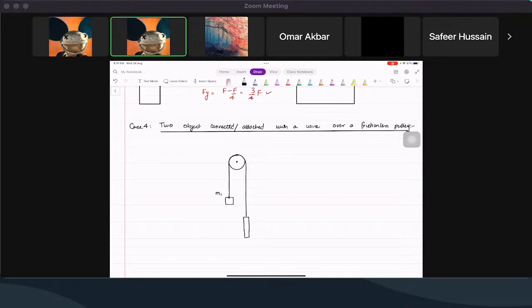This object is m1 and this object is m2. Now they say that m1 is 30 kg, m2 is 60 kg, and they would generally say find the acceleration. Okay, and after that there could be an additional question from kinematics or something.